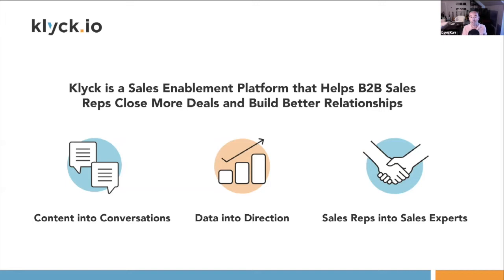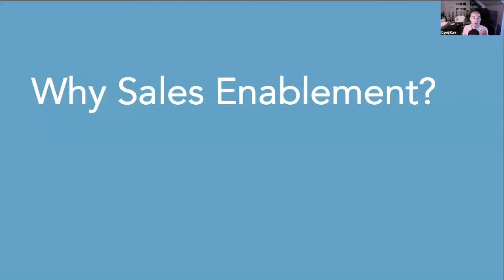We take all the data that we collect from our system and we turn that into direction you can use to run your business. And we take your sales reps and give them the tools they need to be sales experts. So throughout this conversation, we'll talk just generally about sales enablement. We're not going to make this about Klyck, but we're just going to talk about some good old-fashioned concepts of sales enablement, how you can apply it.